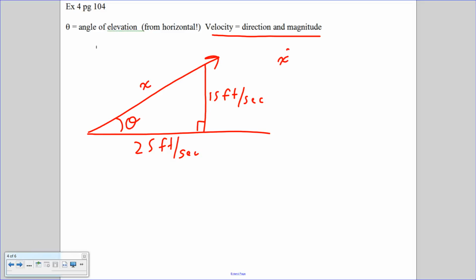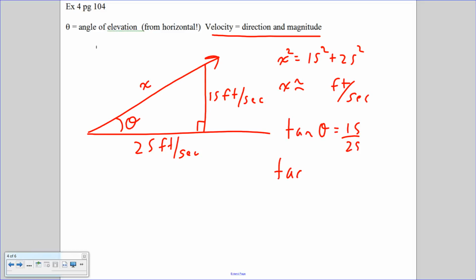So x squared equals 15 squared plus 25 squared, solving for x in feet per second. And then the second part of this is what's your theta. The theta is going to be opposite over adjacent. Tangent theta equals 15 over 25.